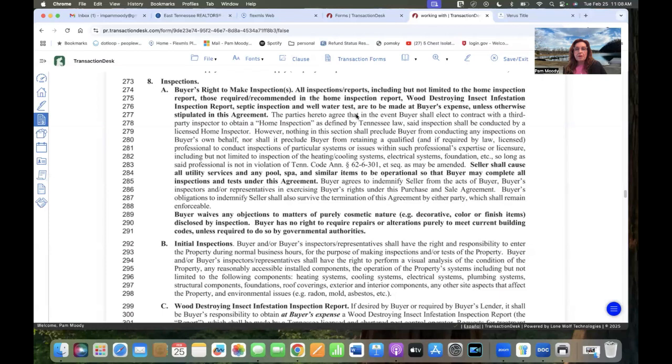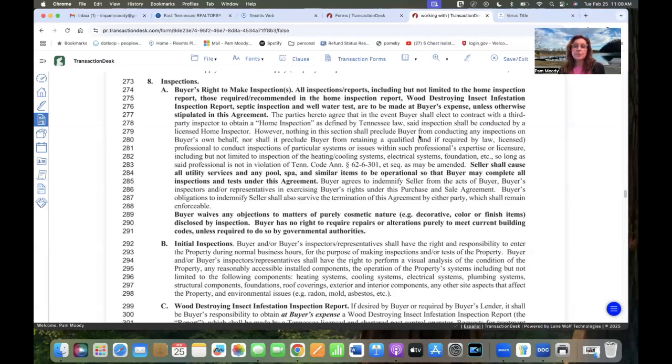The parties agree that in the event buyer shall elect to contract with a third-party inspector to obtain a home inspection, said inspection shall be conducted by a licensed home inspector. So you can't just have Uncle Joe come in and do the inspection.